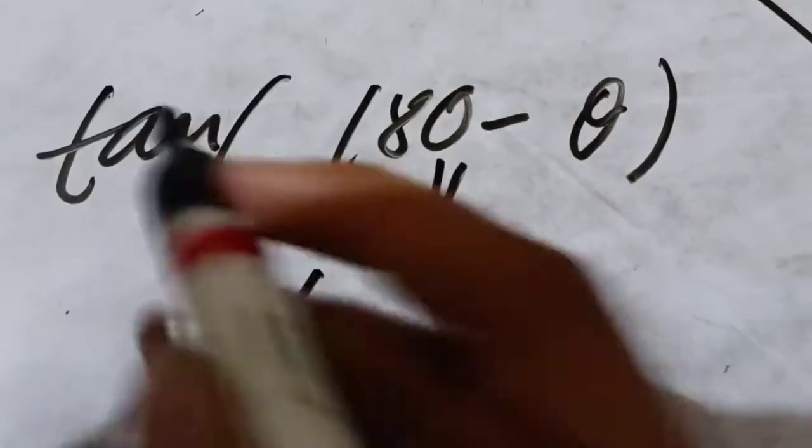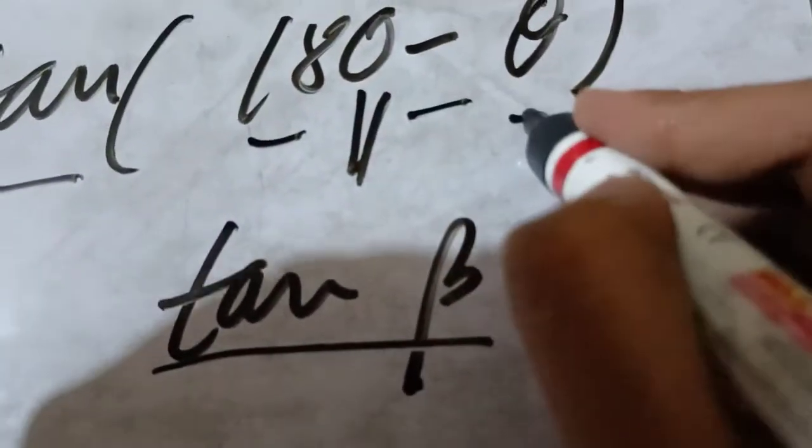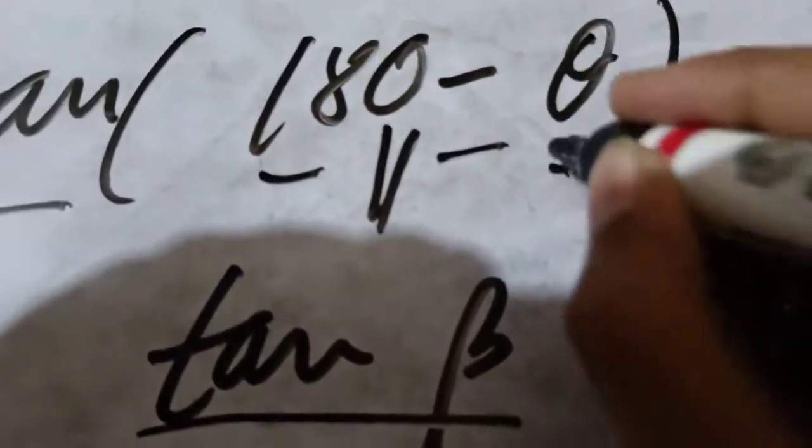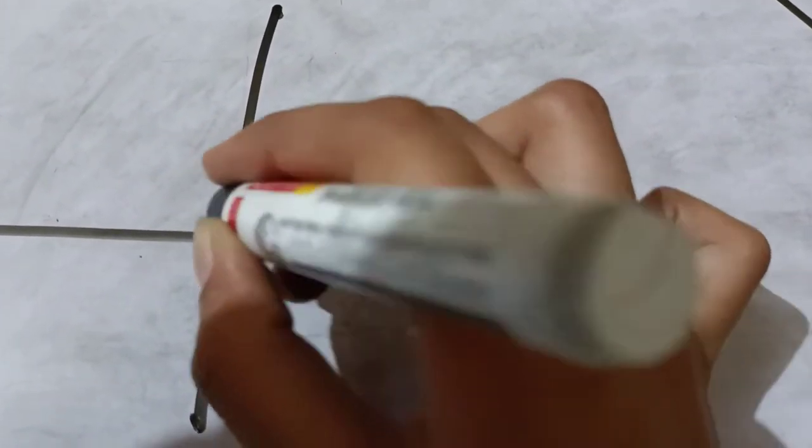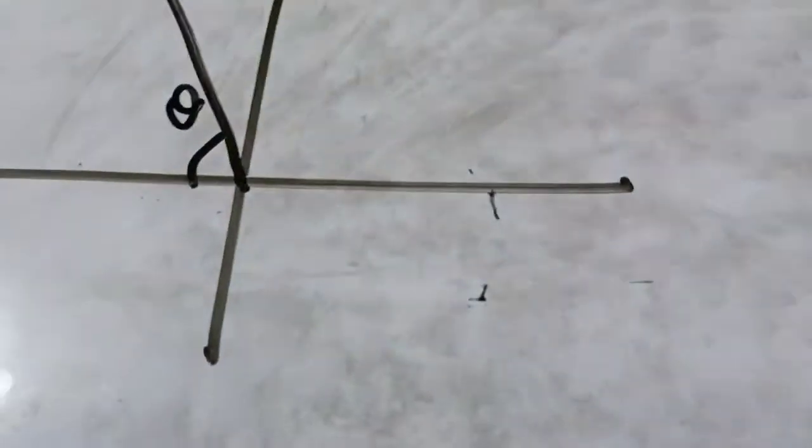Is it clear? So this is equal to tan beta. What I need to tell you is, you know that tan of 180 minus theta is what? Tan theta, but negative in magnitude. For this you need to draw a Cartesian plane again, and let's suppose this is our theta angle. What we need to find is tan beta, which is tan of 180 minus theta.